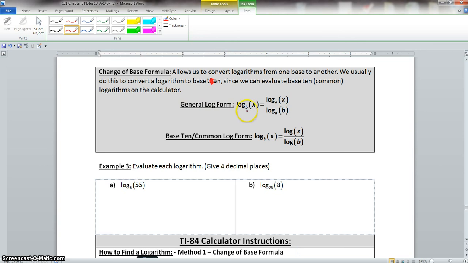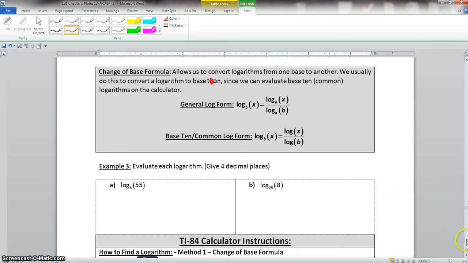In the general form, we have log base b of x is equal to log a of x over log a of b. Now this a is actually base 10, so this is really log base 10 of x over log base 10 of b. Now the base 10 common log formula, we show this here. It'll be log x over log b.